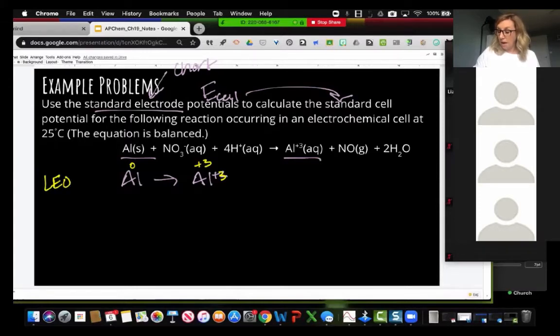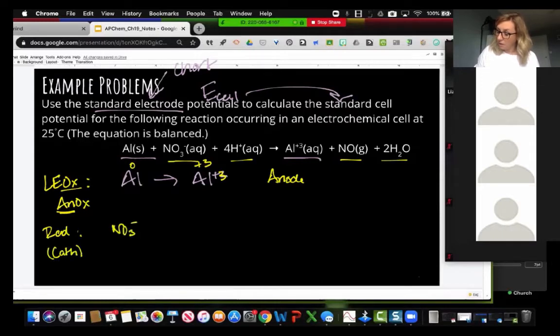So this is my oxidation half reaction, which means this is my anode. That means the rest of this is my reduction half reaction. So that's my cathode. Okay, so NO3 minus plus 4H plus goes to NO plus 2H2O.